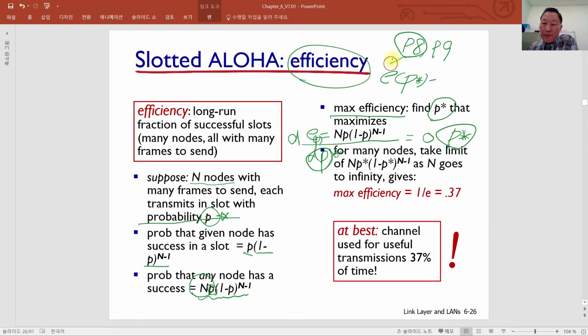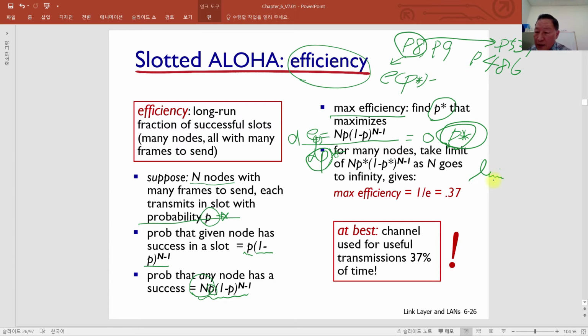This one is about problem 8, and you can read the book, page number 486, and the question is in page 537. Simply, we can get this p asterisk, this is the value we are trying to get here.